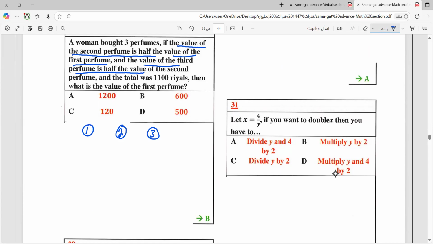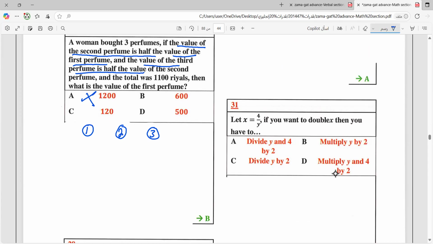Here we try the options. So we cancel A because it says the value of the first perfume is 1,200, which is impossible because the total is 1,100.